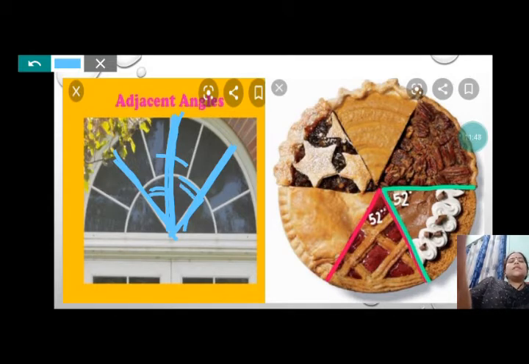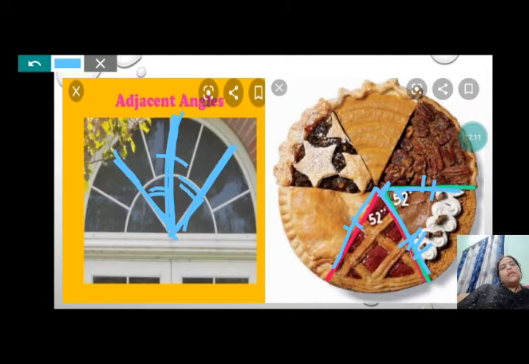So these are the adjacent angles. In this pie also it is the same, as you can see that this shares the common arm, common vertex and the opposite sides to the common arm, and they make the adjacent angles.